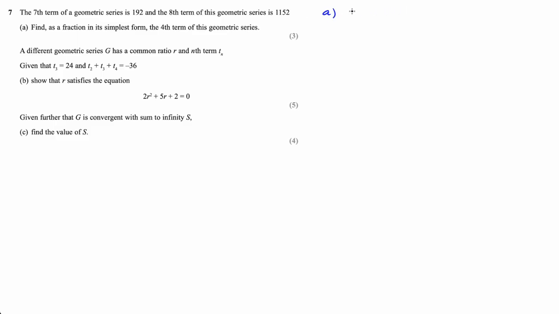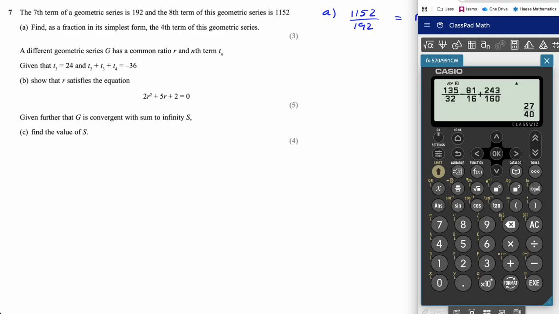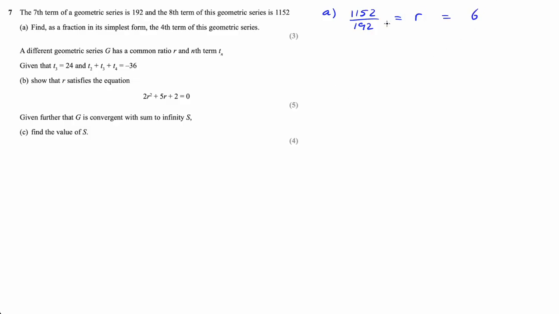So we have 1152 divided by 192 is equal to the common ratio. 1152 divided by 192 is 6. Okay, so the common ratio is 6, and he wants the 4th term.